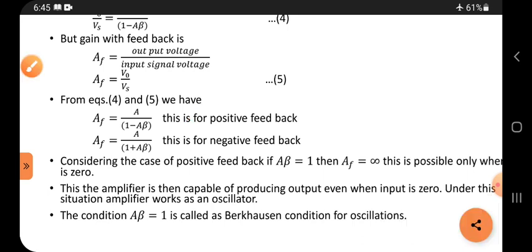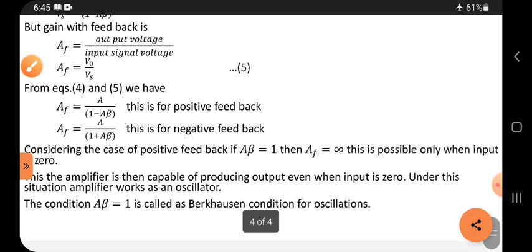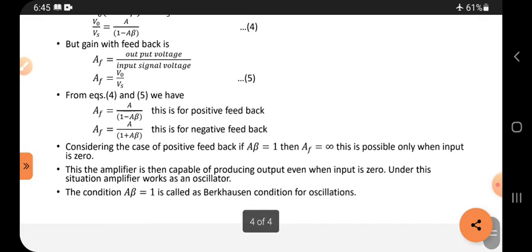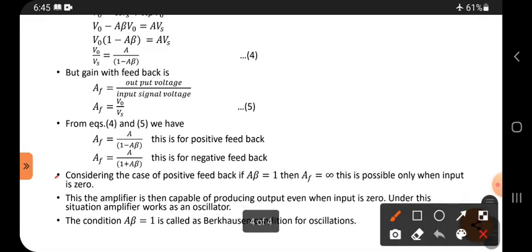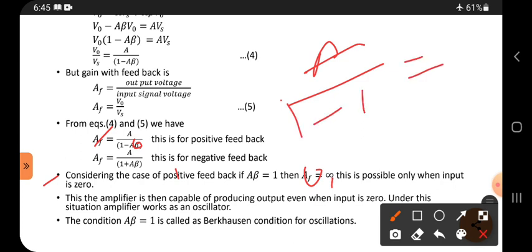Okay. Considering the case of positive feedback, if A beta equals 1, that means in place of A beta we substitute 1, then what happens to AF? AF becomes infinity. Why? A by 1 minus 1 becomes A by 0, and something by 0 is always infinity.